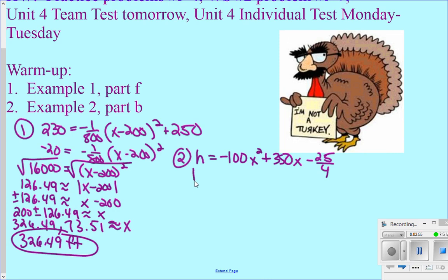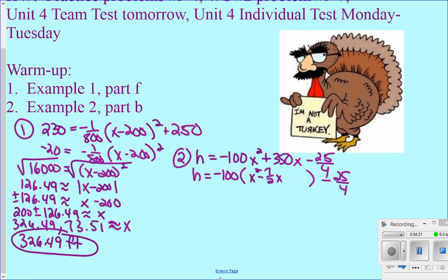So next I'm going to complete the square. So I have to factor out negative 100. So I'll keep that negative 25/4 on the end. When I factor out negative 100 from 350, I'm getting negative 3.5. I'm going to write that as a fraction though, so it's easier to complete the square. So negative 7/2 x is the same thing as negative 3.5x.